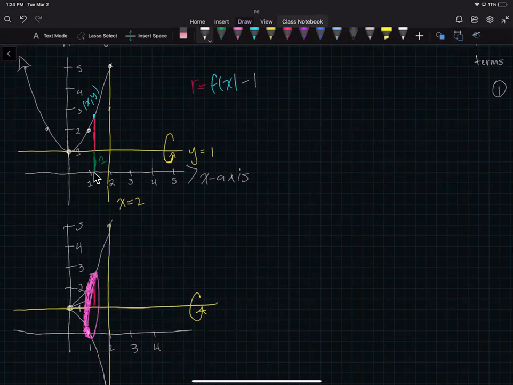Is the radius, which is in red, smaller than f of x or larger than f of x? Think about it.